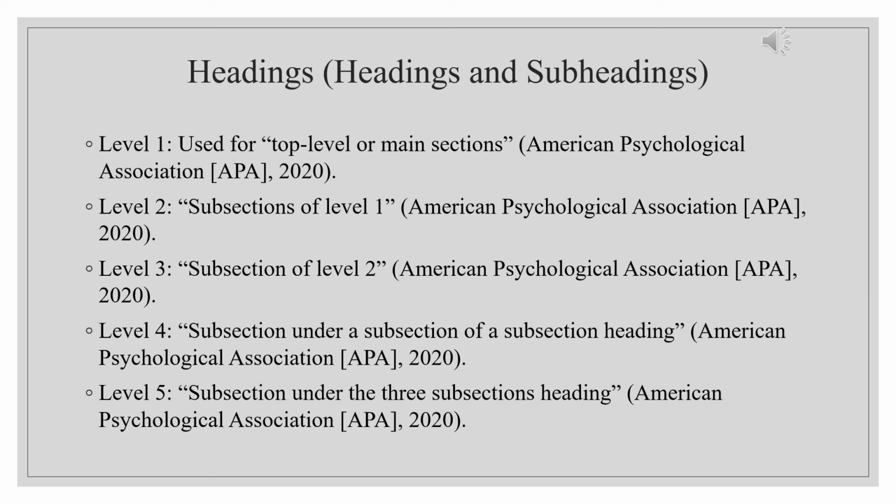So for instance, if you were to put in APA style writing, and you use that as your top level heading, then below that, if you had a subsection of that top level, you would use a level 2 heading, for instance, how to format the paper in APA, something like that, that is a subsection of your main section.